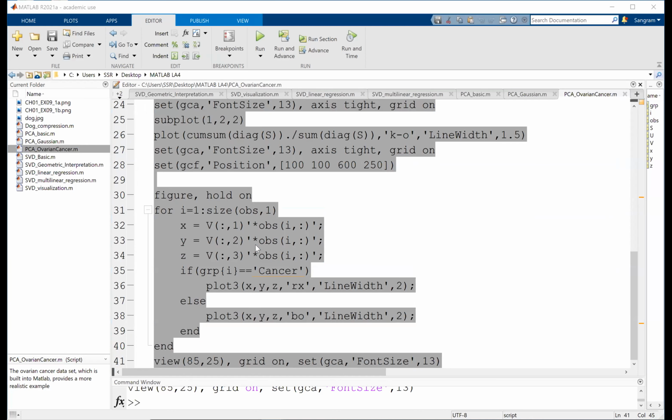Now you can clearly see that the red indicates the genome sequence that is indicative of cancer. Blue indicates the genome sequence that is indicative of no cancer. But the most important part here is, recognize there are only 3 dimensions.